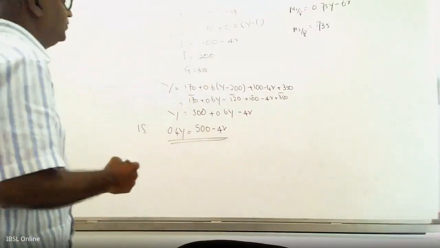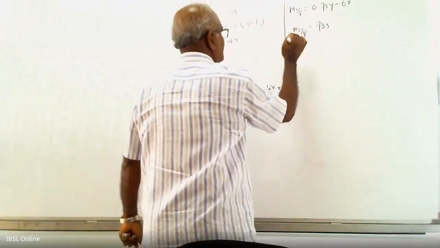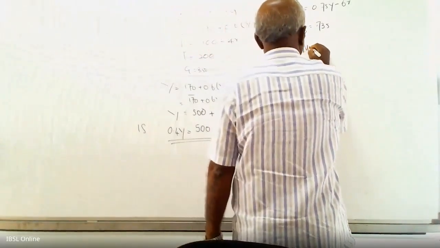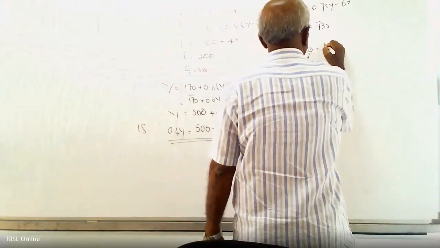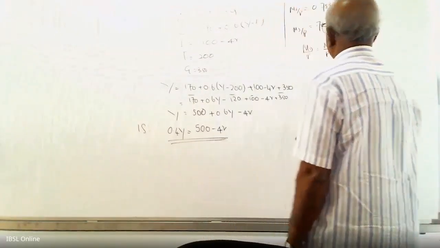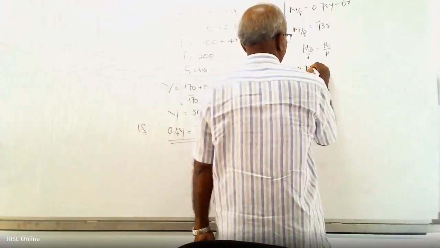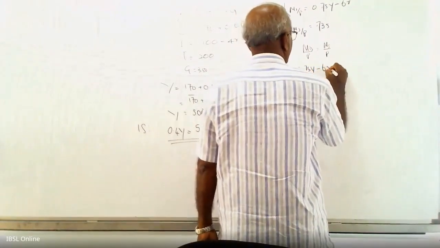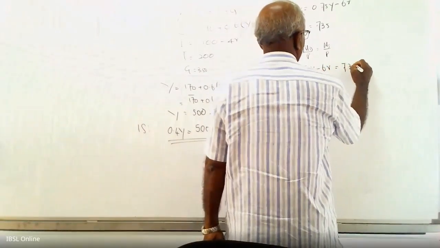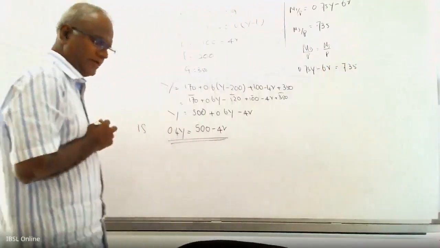Then the LM curve. The LM curve is this: demand for money, MD equals P over P, equals supply of money, MS over P: 0.75Y minus 6R equals 735. Demand for money equals supply of money.